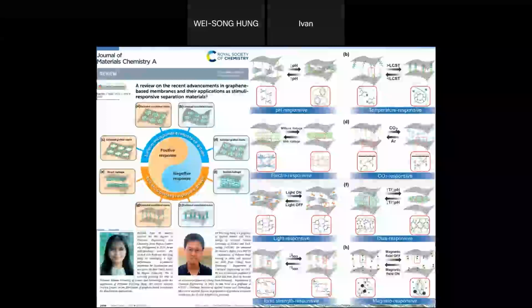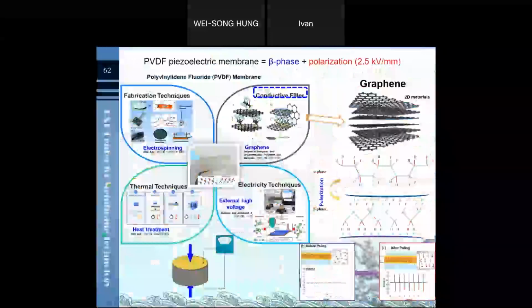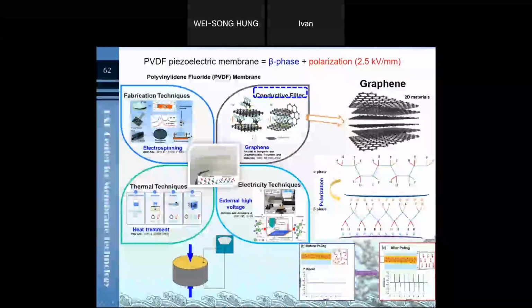Comparing many of these response methods, we find the electrical response is the main response in our study. So here we show the piezoelectric property. Based on the time limitation, I won't spend much time explaining it.